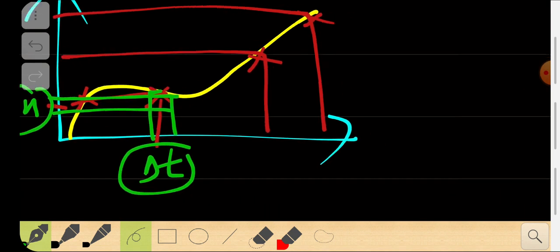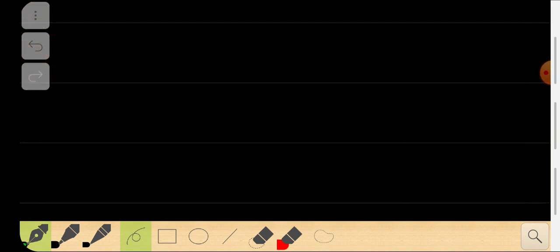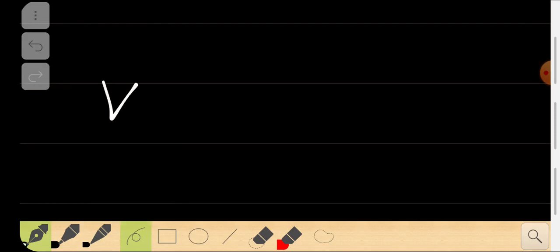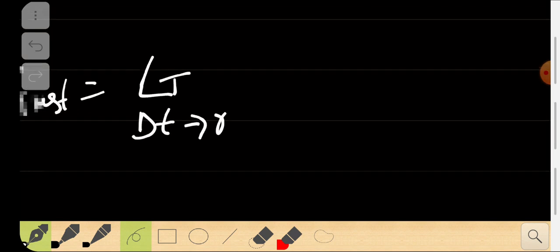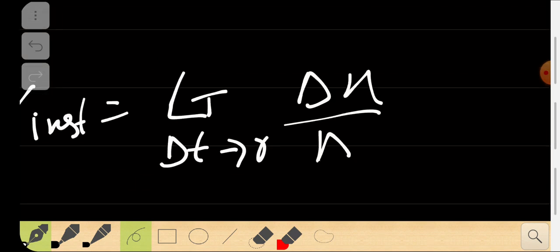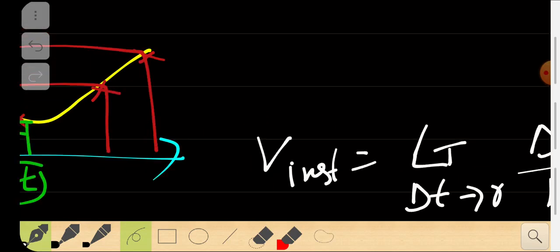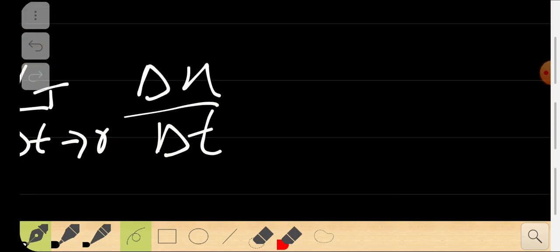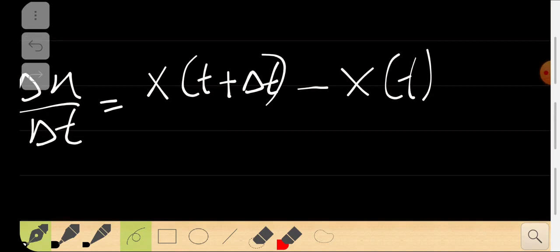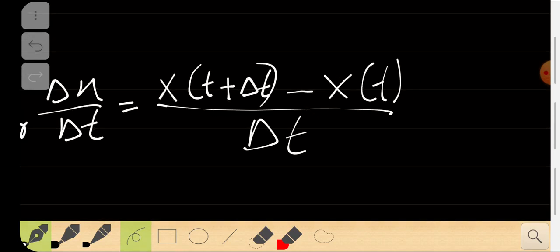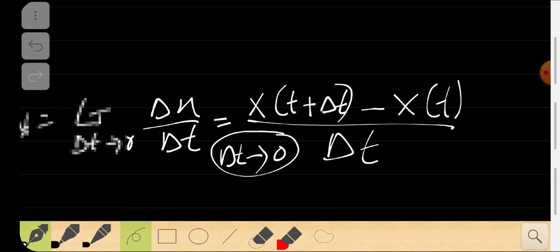So you can write the instantaneous velocity as the limit delta t tends to 0 of delta x by delta t, which is x of t plus delta t, at a higher point, minus x of t, by delta t, with delta t tends to 0. That's called the instantaneous velocity of the particle.